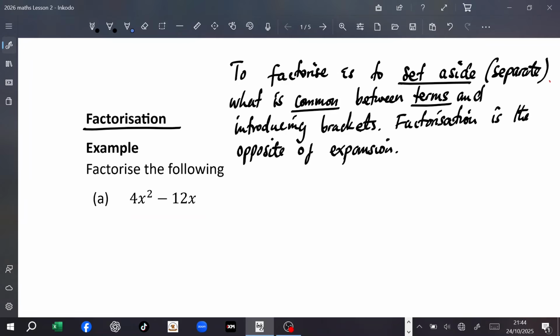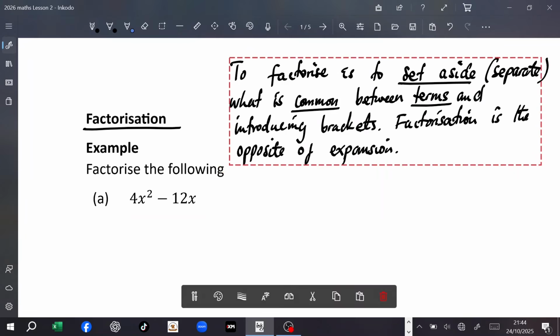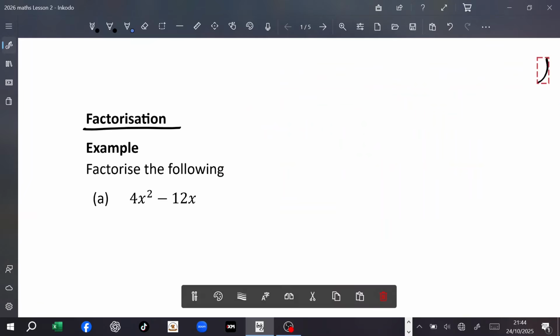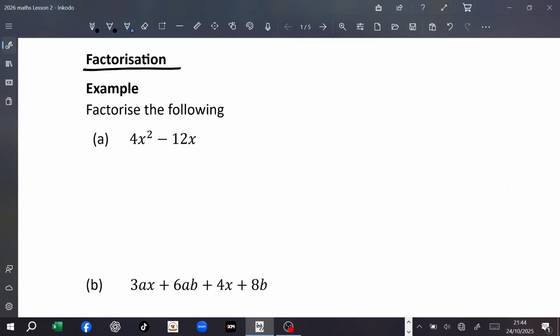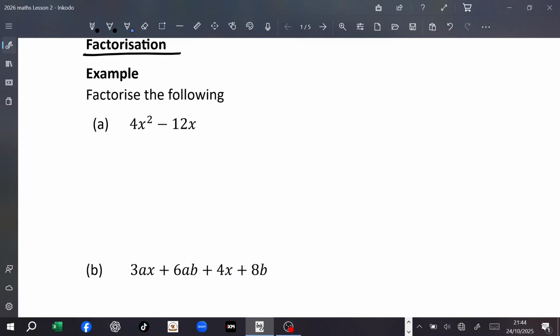So enough of the babble, let's go straight into the work. To understand factorization, we have questions here. Example: factorize the following. We have this expression which we need to factorize: 4x squared minus 12x. Remember, to factorize is to set aside what is common between terms.